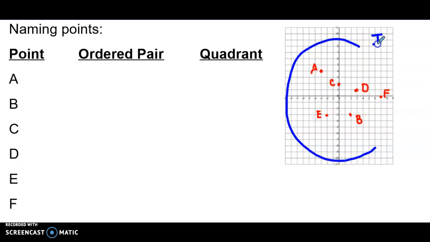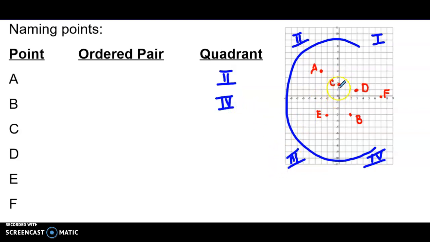This is quadrant 1, quadrant 2, quadrant 3, quadrant 4. Okay? So point A, just look at your graph. It's in quadrant 2. Point B is down here, and that is in quadrant 4.